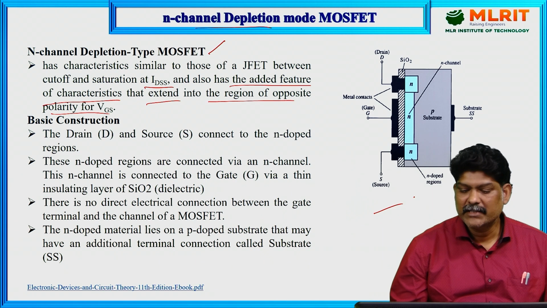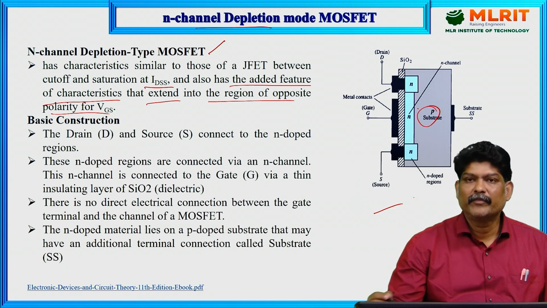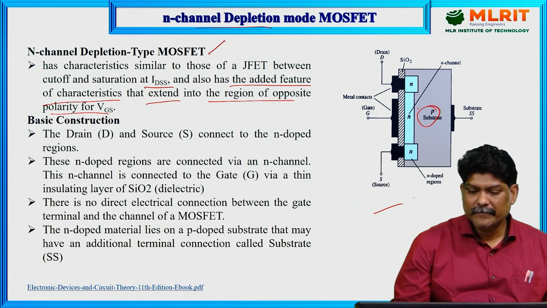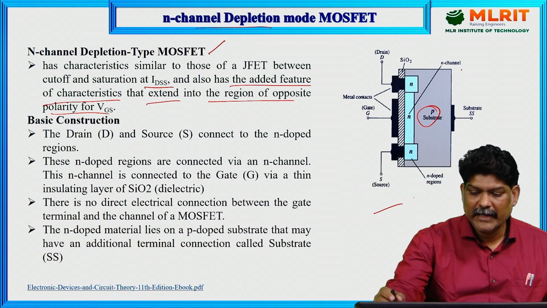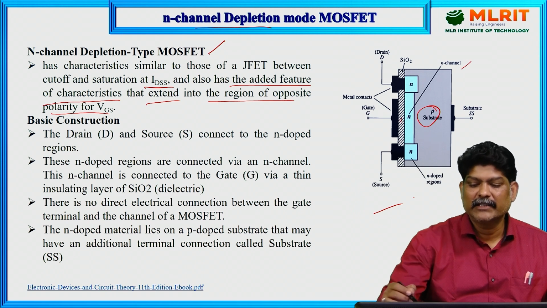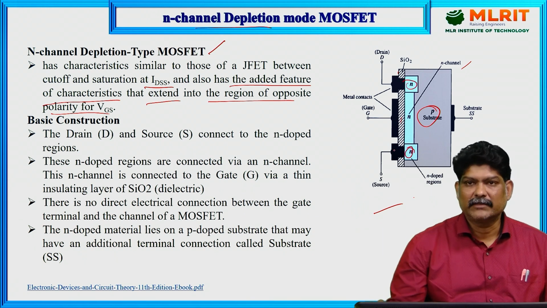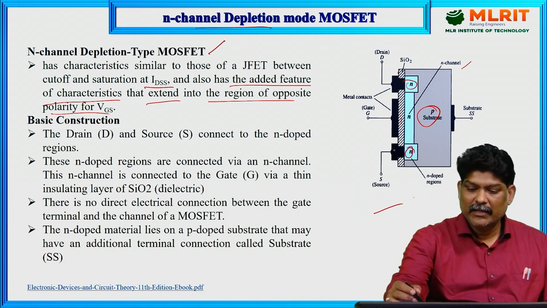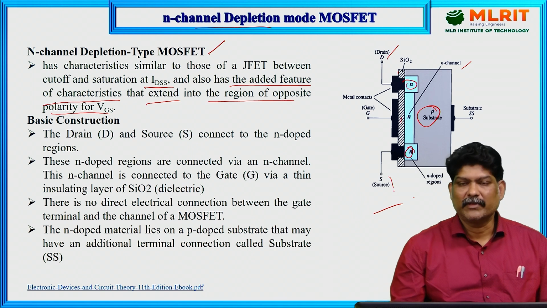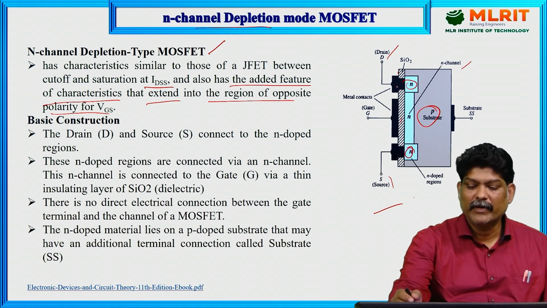In N-channel we have to use a P substrate. Here we have the N-channel developed under the SiO2 layer. Under the SiO2 layer we have N wells. The N wells are under the drain and source terminals, and they are connected metallically.